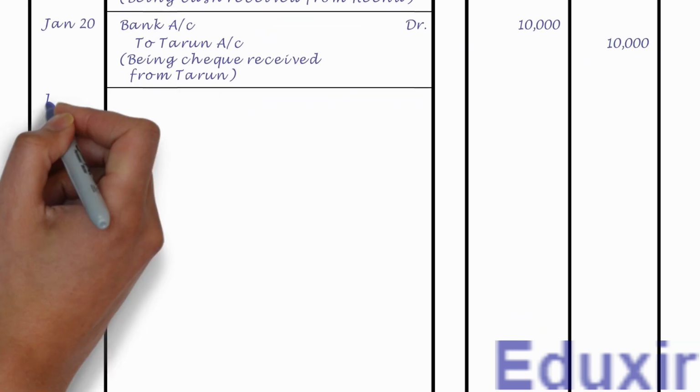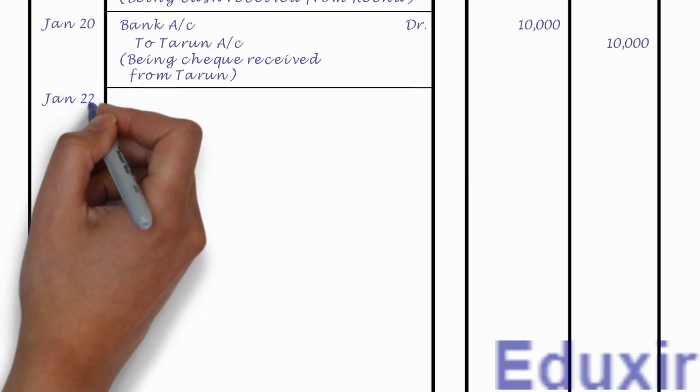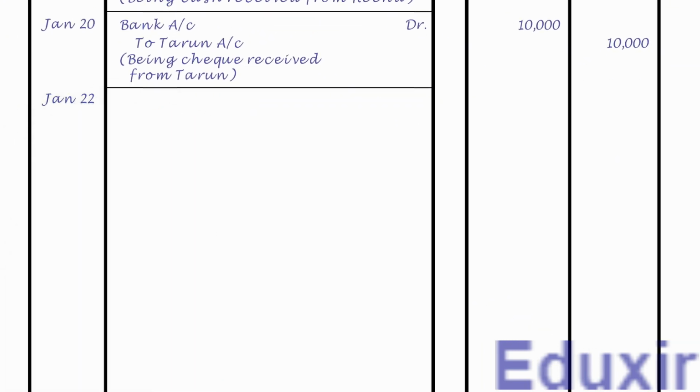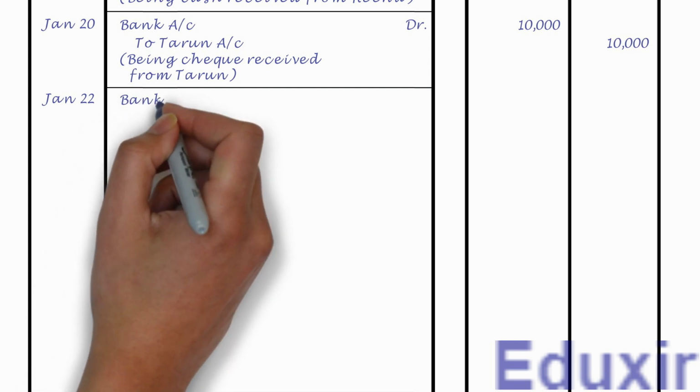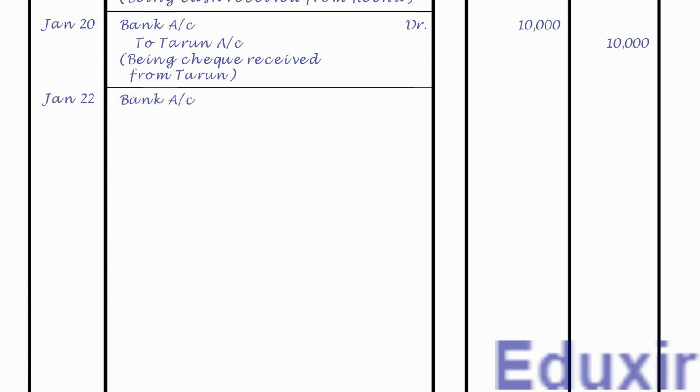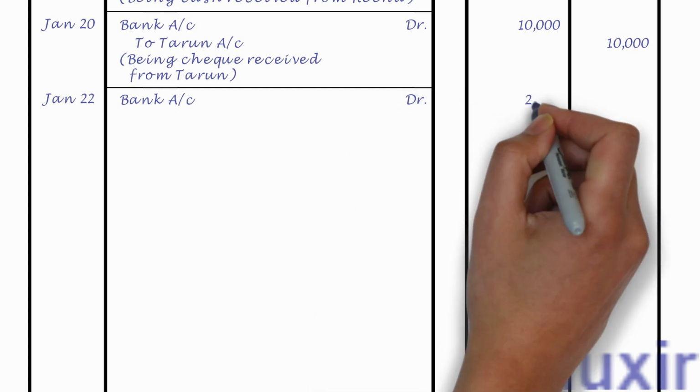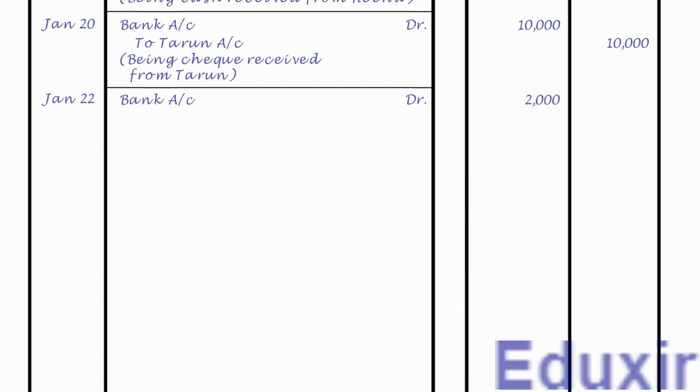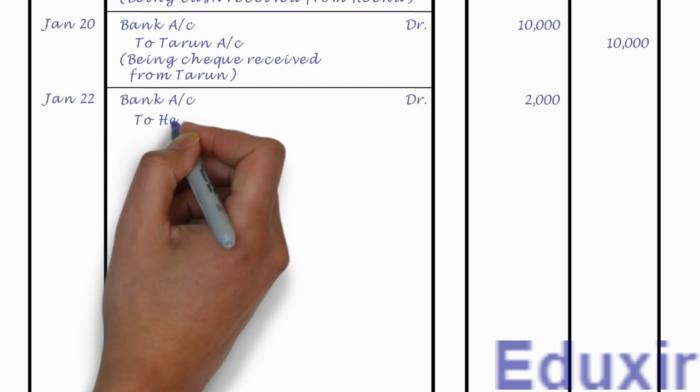Let us first record the date. Let us now record the bank account as the debit entry. Let us also record the text DR to indicate that this is a debit entry. Let us also record the debit amount of 2000 rupees into the debit amount column. Leaving a margin, let us now record Hina account as the credit entry.